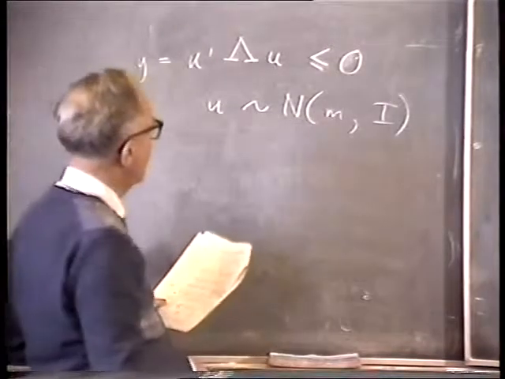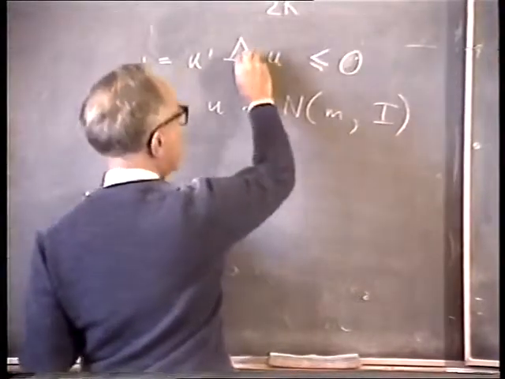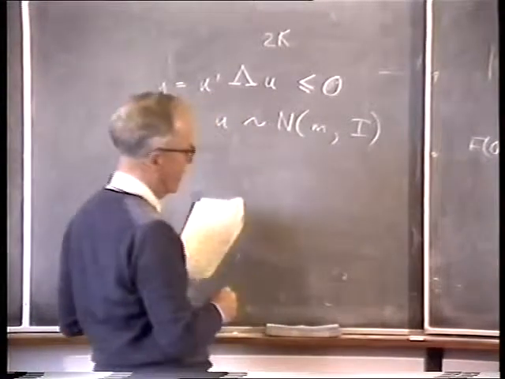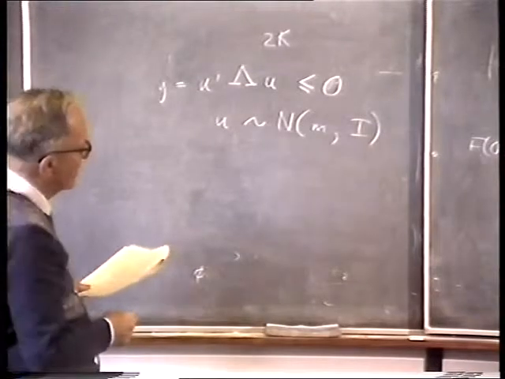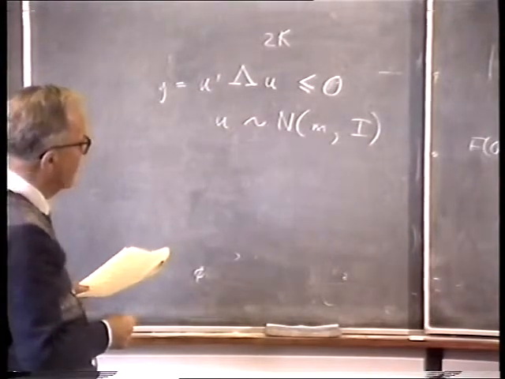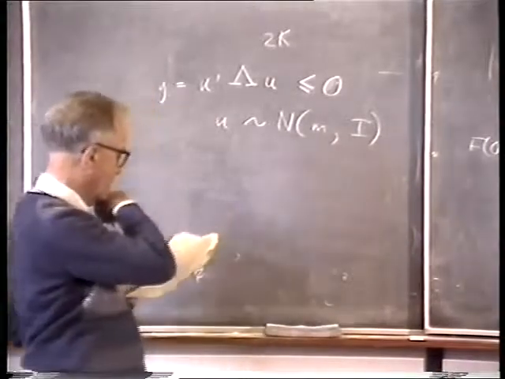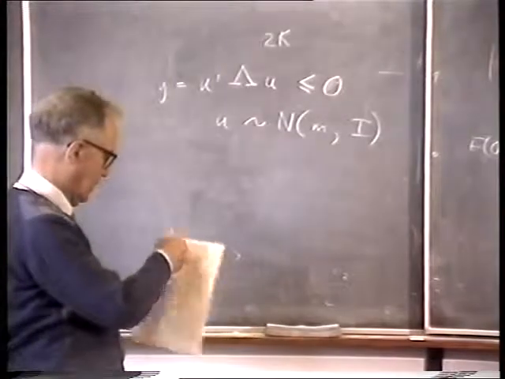So we have two K parameters, the lambda i for i equals 1 to capital K, and the m i, and what one needs then is a program that will, for this particular y, compute the characteristic function. Well, let's look at that very briefly.